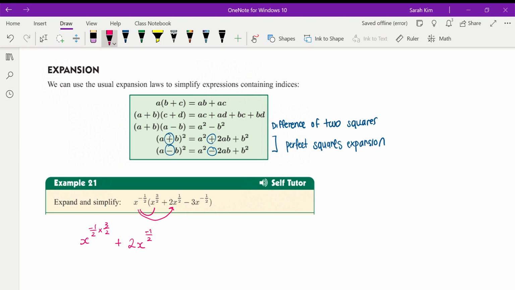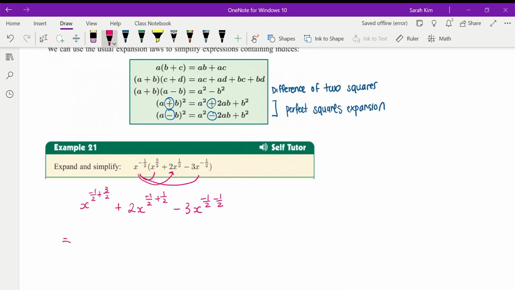I need to times them, meaning I add the powers. Silly. Okay, let's do that again. So when I times them, I add the powers. So the next one, I get minus 3x, and then I go negative half, and then I do a negative half because plus and minus turns into a negative. So this turns into x.